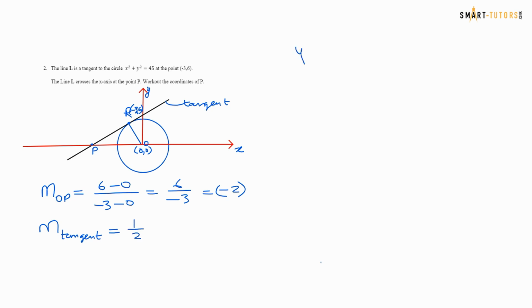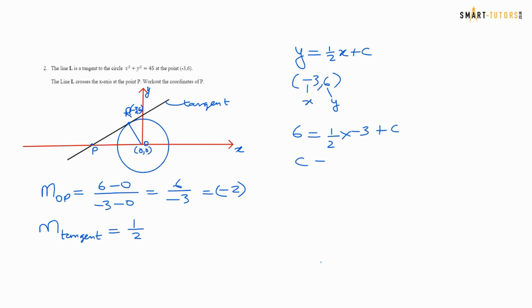So the negative of minus 2 is 2, and the reciprocal is half. So the equation of the tangent line is y equal half x plus c. If that is the tangent line, we can find c by substituting minus 3, 6. This is the x coordinate and this is the y coordinate. So 6 equal half times minus 3 plus c.